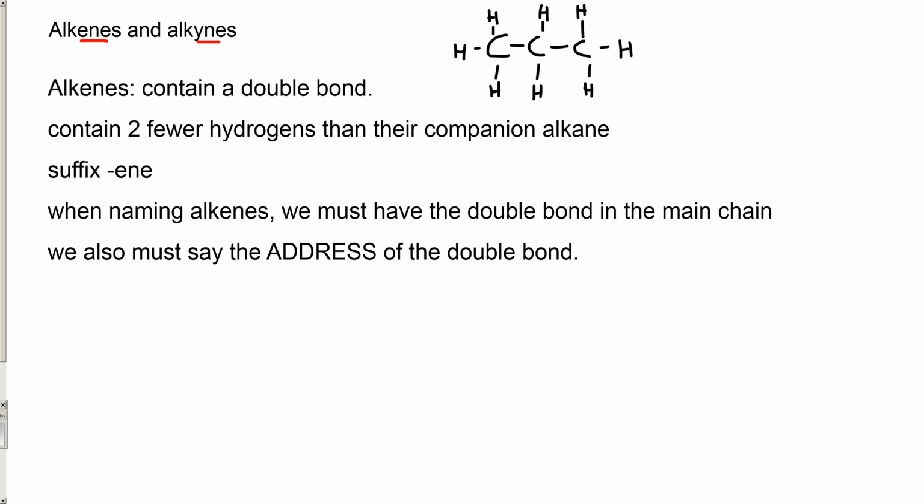So I'm going to draw an alkene. Not going to use a red marker, that's for sure. Let's do an alkene that has 4 carbons, and I'm going to put the double bond here.